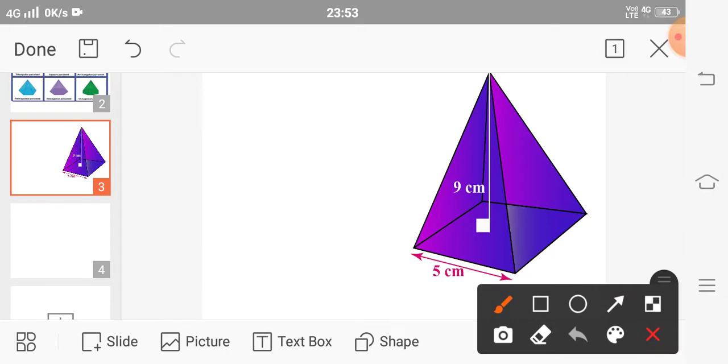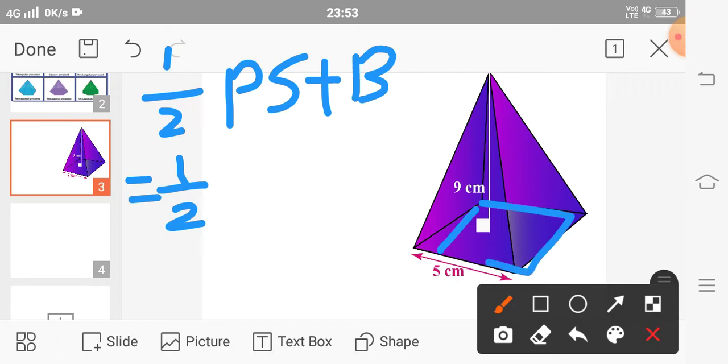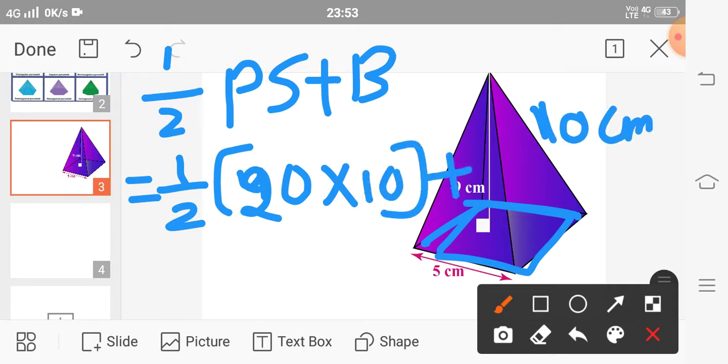So here the formula is half into PS plus B. Half into the perimeter of this square is 4 into 5, 20, into S means slant height, that is we take 10 centimeters, plus base area is 25 because side square.